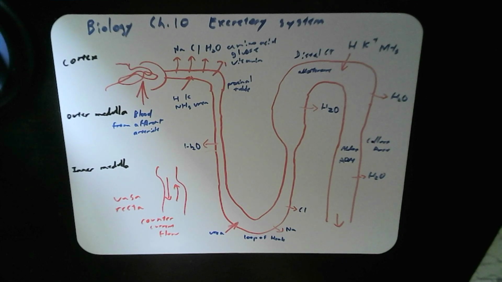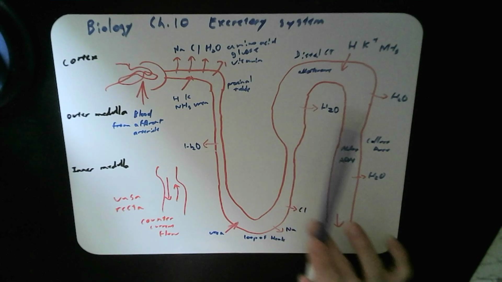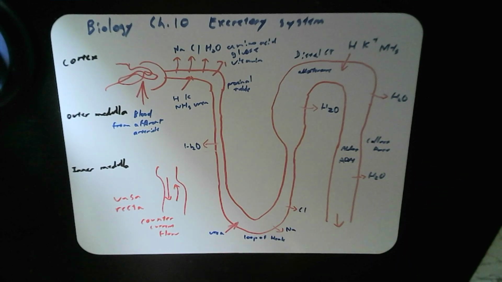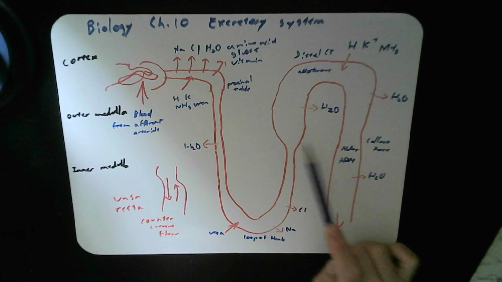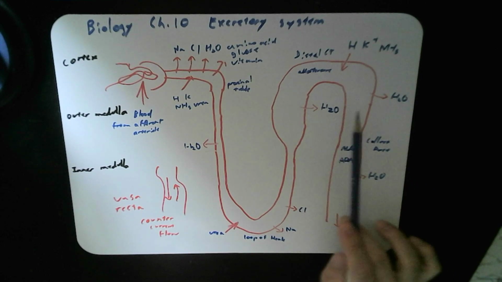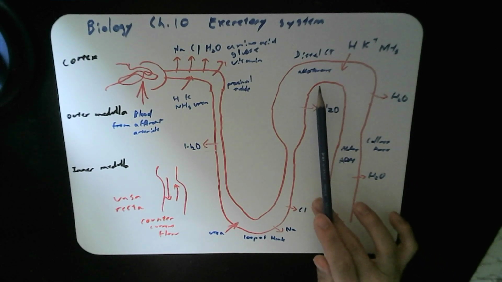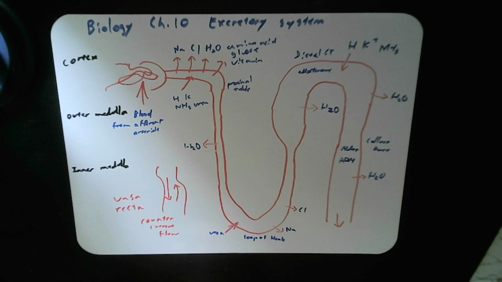So keep in mind, as we go to the distal convoluted tubule, water is pushed out because the fluid is more dilute than the surrounding interstitium. It will be passed out through passive transport, and also aldosterone is released here. Aldosterone is released from the adrenal cortex, and that basically triggers salt transport out.